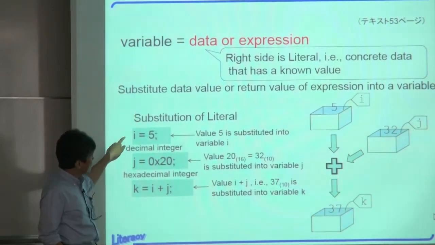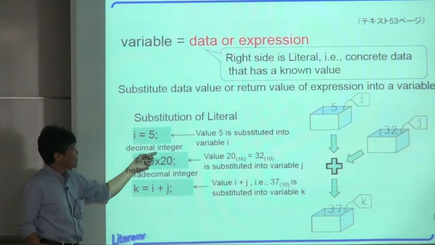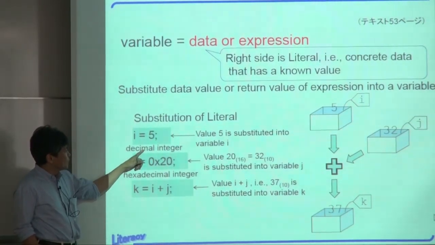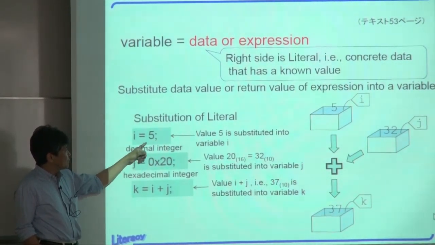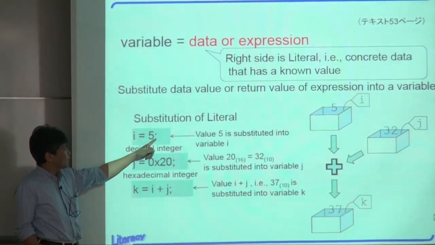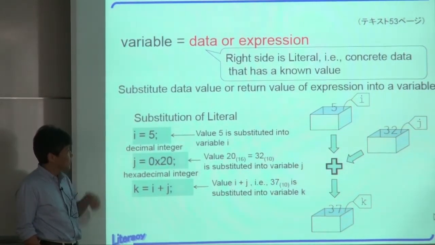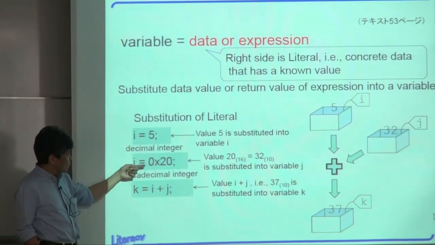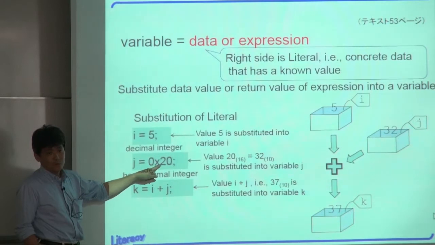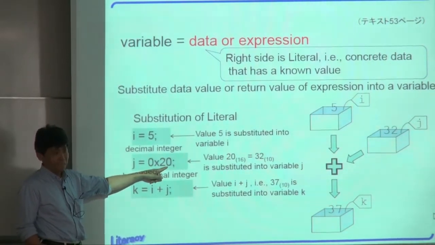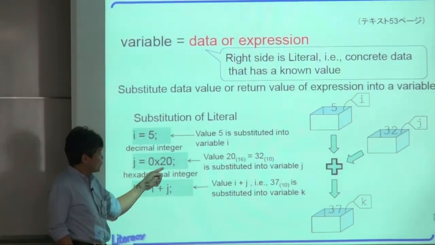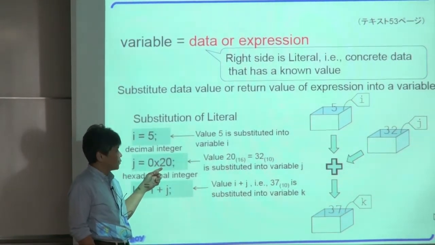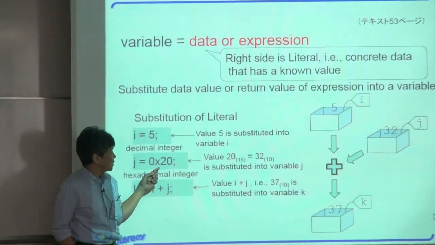Variable i is treated as a decimal integer variable. So in this case, decimal 5, integer 5, is stored into this variable. And also this case is 0x20. This is a hexadecimal number. Okay?